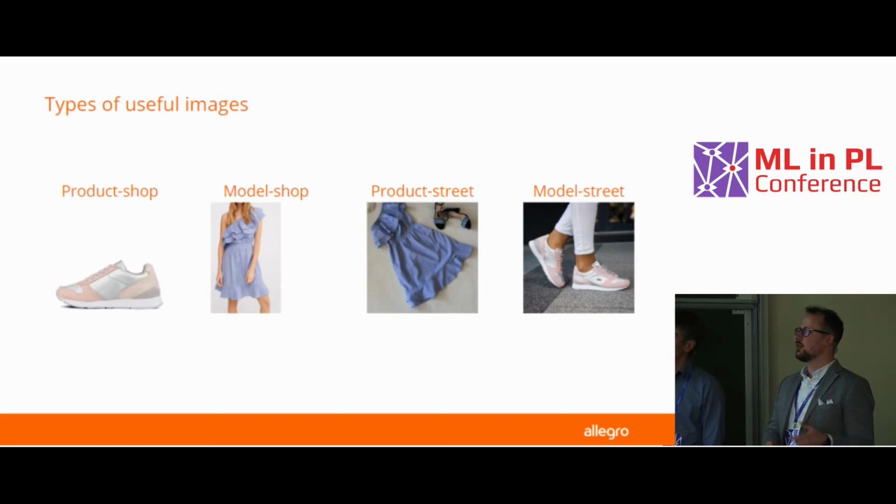Then we have the same products, but in a more natural environment on a much uglier background, again either the product or a model wearing the product. And the latter images would be much closer to what the user will use later in their search.